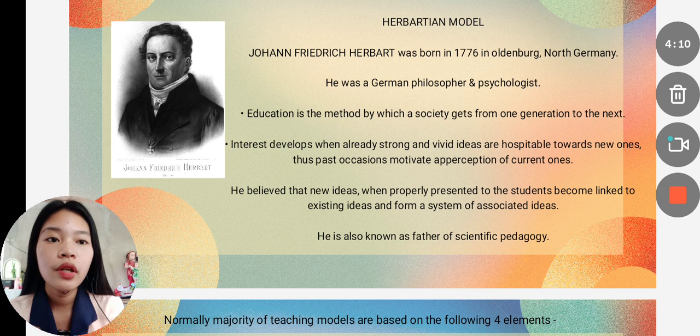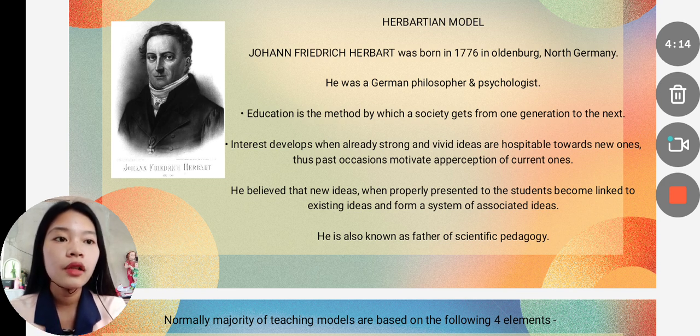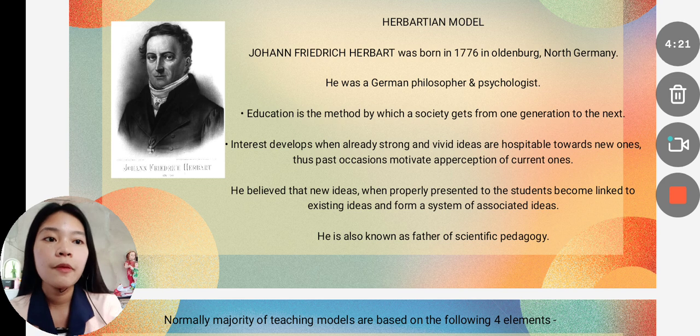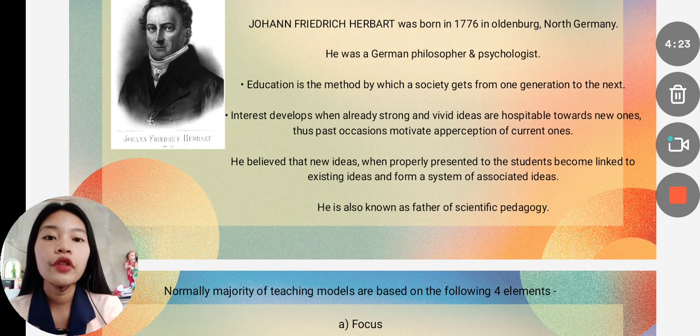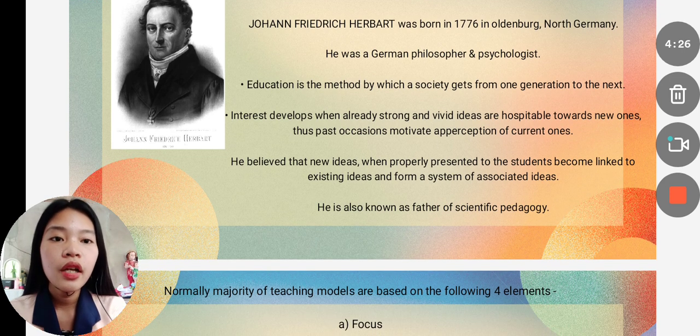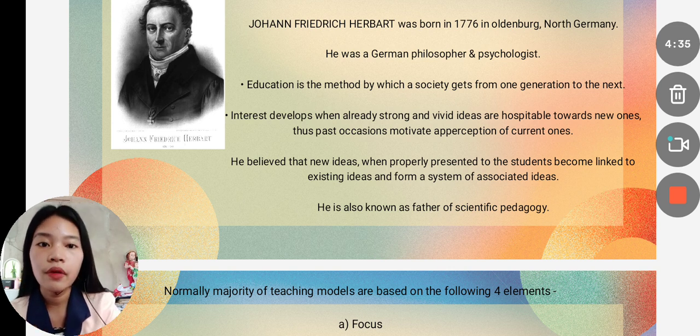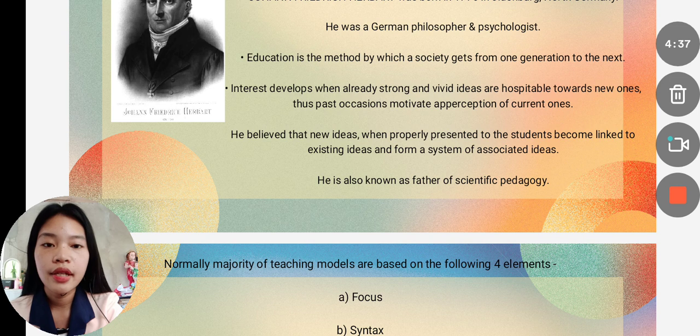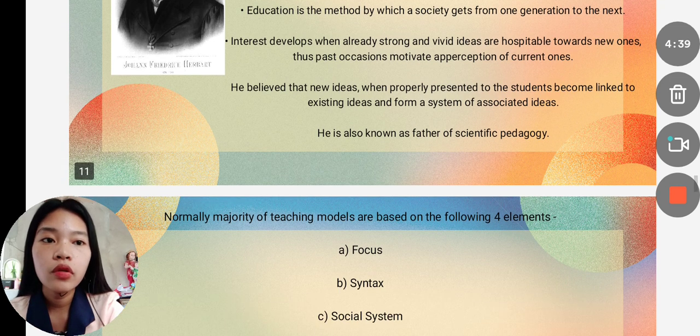Interest develops when already strong and vivid ideas are hospitable towards new ones, thus past occasions motivate a perception of current ones. He believed that new ideas, when properly presented to the students, become linked to existing ideas and form a system of associated ideas. He is also known as the father of scientific pedagogy.